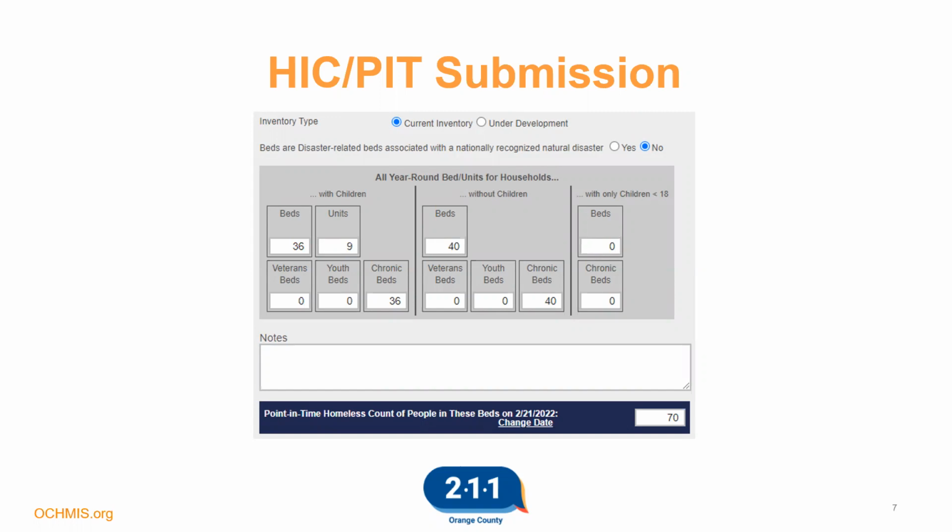Some options I had were streamlining the data submission process, meeting with the HMIS team to complete data submissions, pre-populating a form or spreadsheet with your agency's HMIS data, or nothing, everything was great. Or if you have another idea of how we can improve the HIC and PIT submission process, you can let me know or put it in the chat.